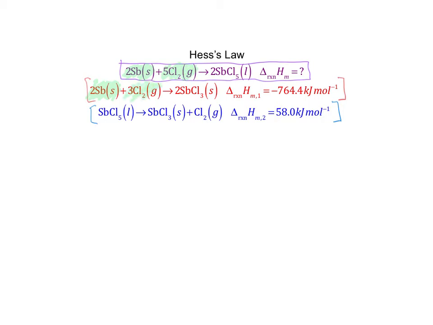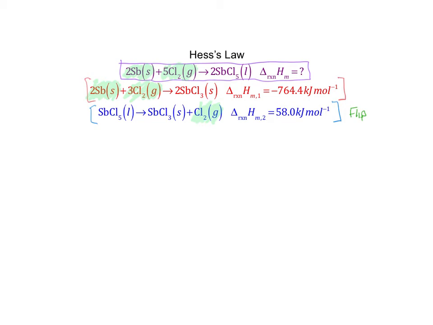And so my chlorine gas exists here and it exists here. So the first thing that I see that I am going to have to do is flip this reaction. And that is because the Cl2 is on the wrong side.